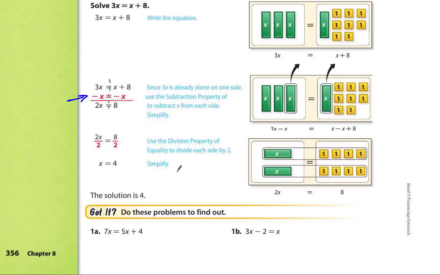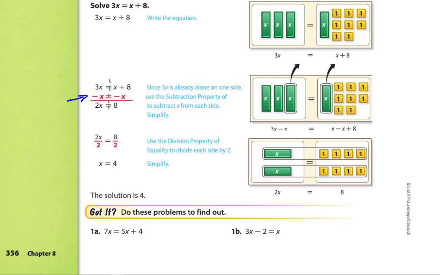And then the one thing they did not do here that we are going to do is check to see, did we do that correctly? When we check, we're going to go back to the original equation, which was 3 times x.